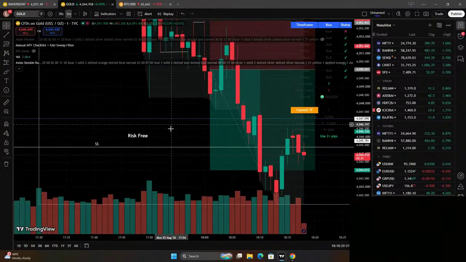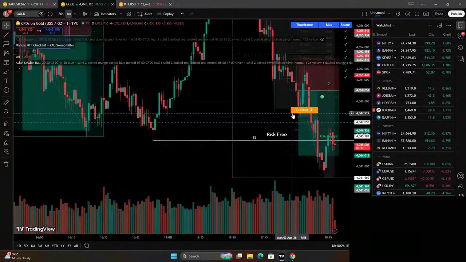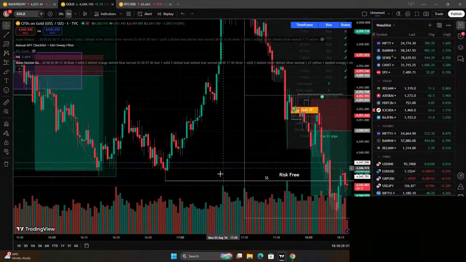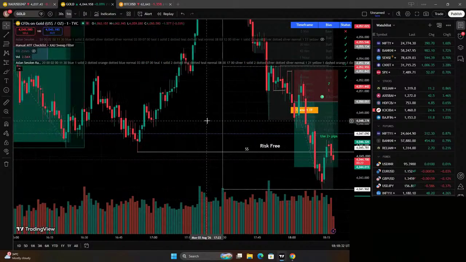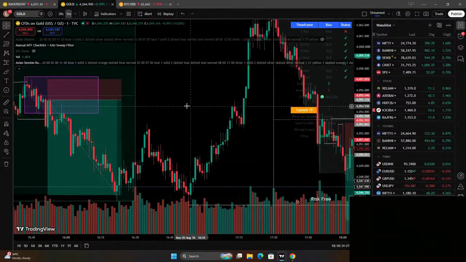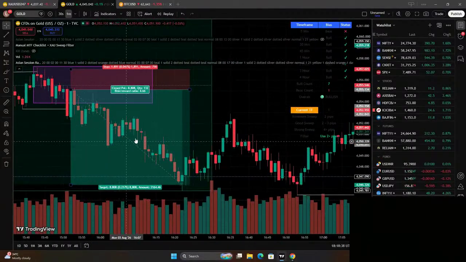It is almost always very confusing to trade SMC. Personally, it's very confusing. I used to tell you it's very easy, but behind the scenes it is very difficult. See, now almost everything is going on in between here. Look at this, this is one single candle, selling going on.